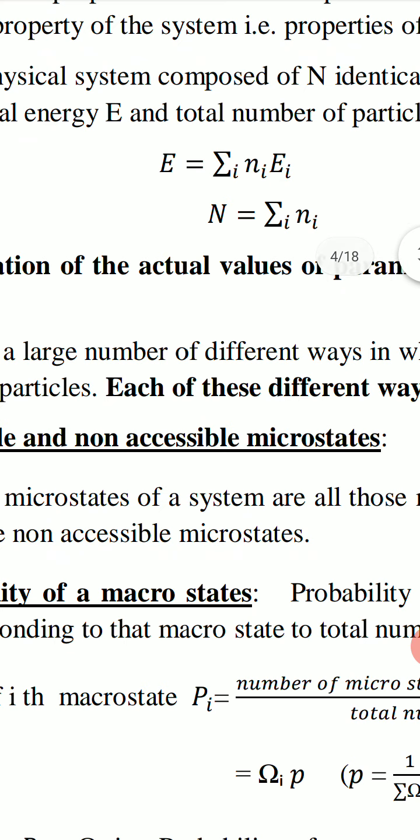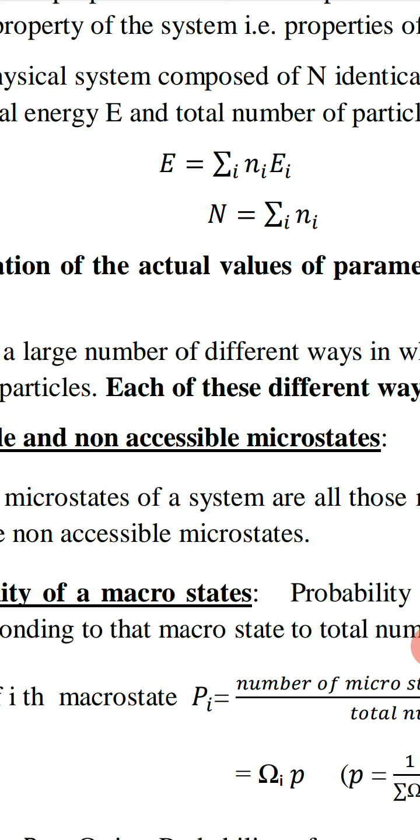Ni particles having energy Ei means that N1 particles have energy E1, N2 particles have energy E2, N3 particles have energy E3 and so on.